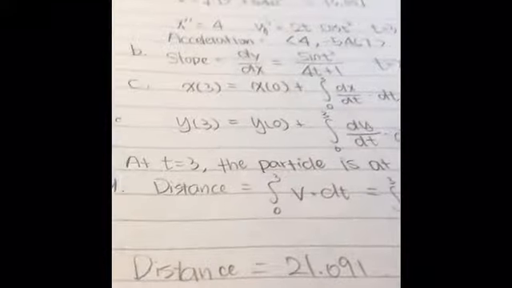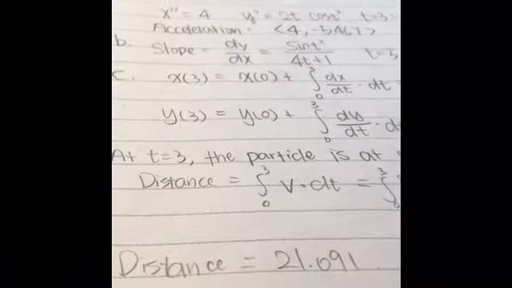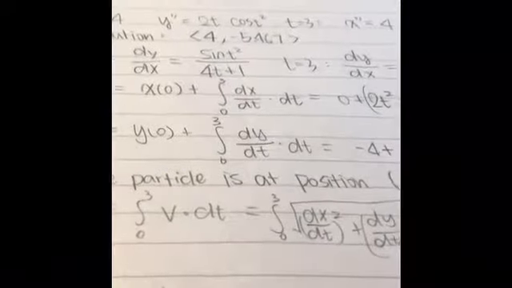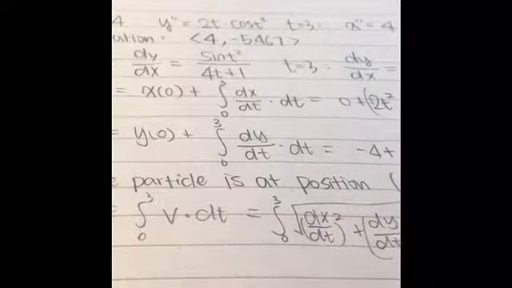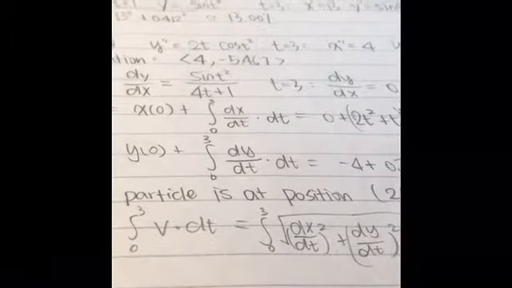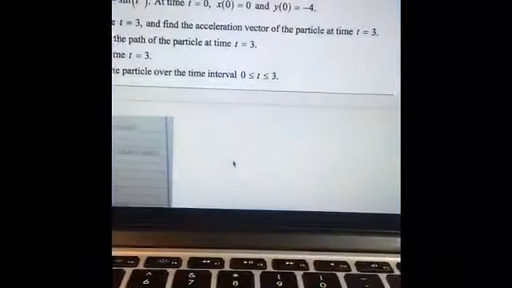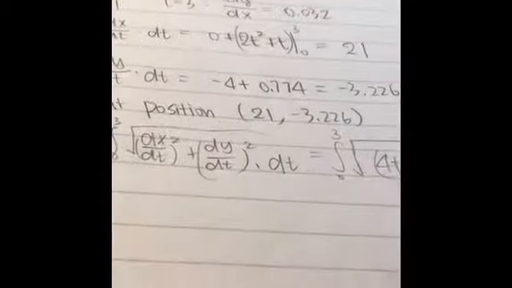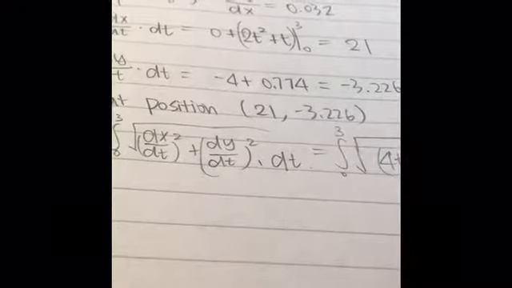And the same thing, y3 equals y0 plus the integral from 0 to 3 of dy/dt times dt, and in the question, y0 is negative 4, so negative 4 plus 0.774, which is negative 3.226.